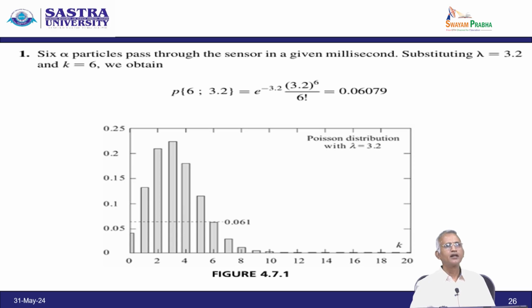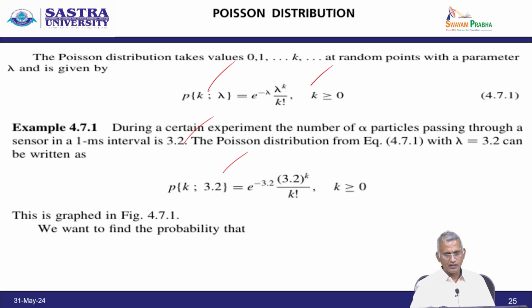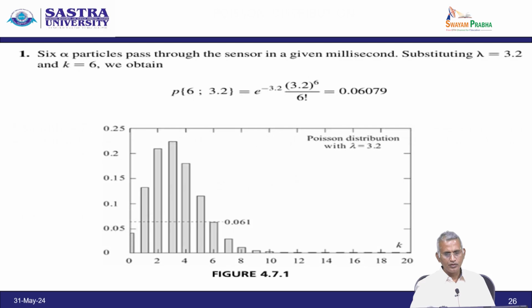We want to find the probability that 6 alpha particles pass through the sensor in the given time. Substituting lambda equal to 3.2 in this equation, the probability of 6 comma 3.2 is e power minus 3.2 into 3.2 whole power 6 by 6 factorial, equal to 0.06079.